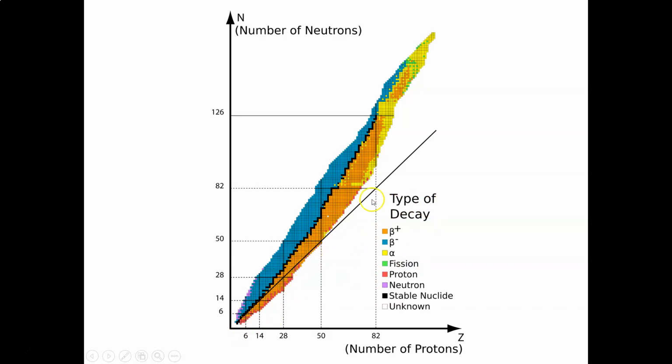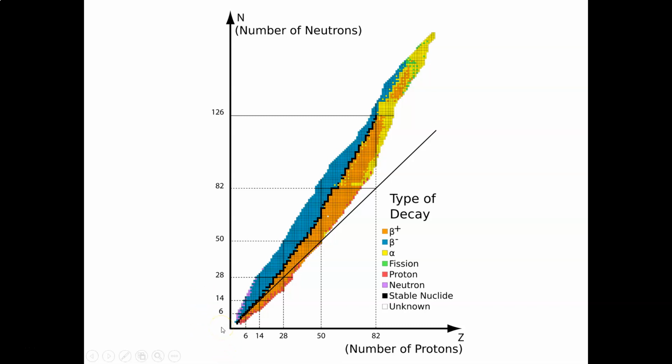This straight line here is the 1-to-1 ratio between protons and neutrons. The x-axis is the number of protons, the y-axis is the number of neutrons. When atoms are small, they can have the same number of protons to neutrons. Not a big deal, because there's not a whole lot of positive repulsion between the protons.